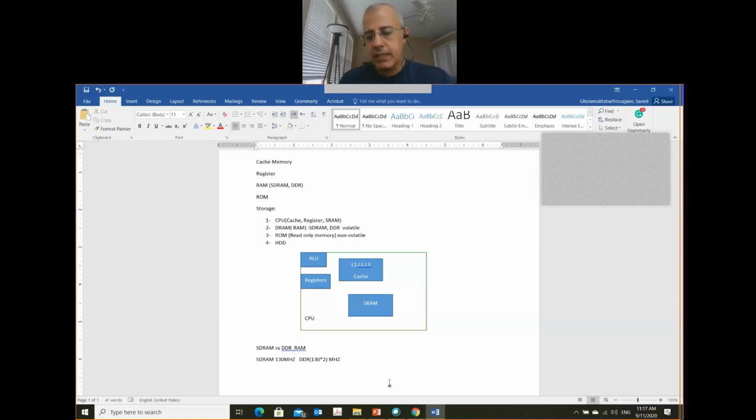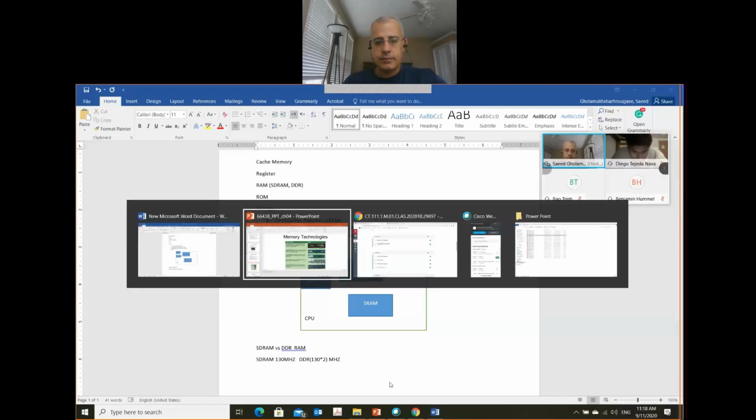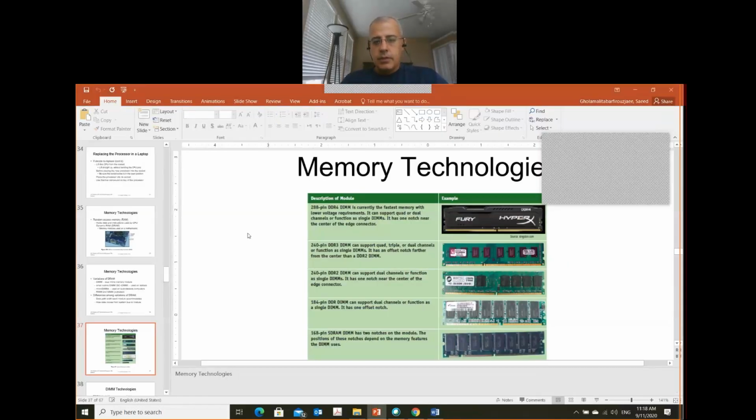So the difference between the DDR and SDRAM is the width of the data unit as well as the speed of the data, the processing speed. It doubles the data rate, DDR. So the most recent version of the RAM is DDR4, which works 4 times the speed of a regular SDRAM.